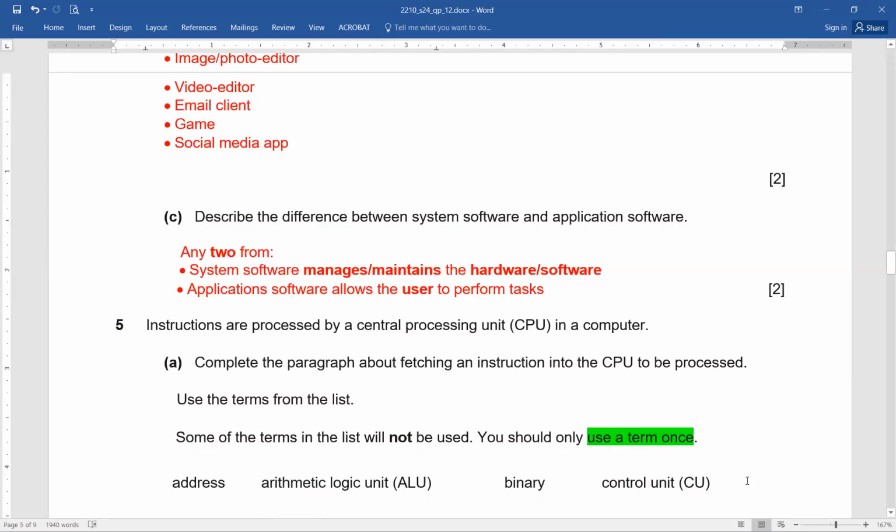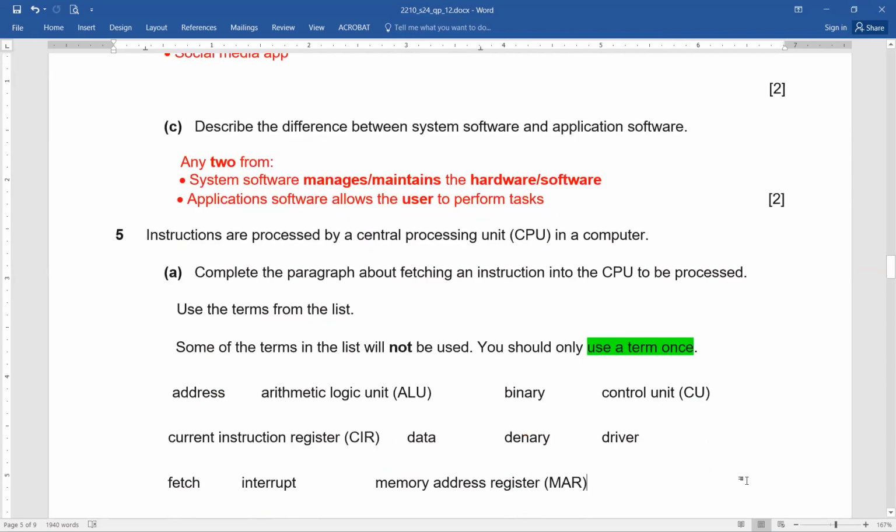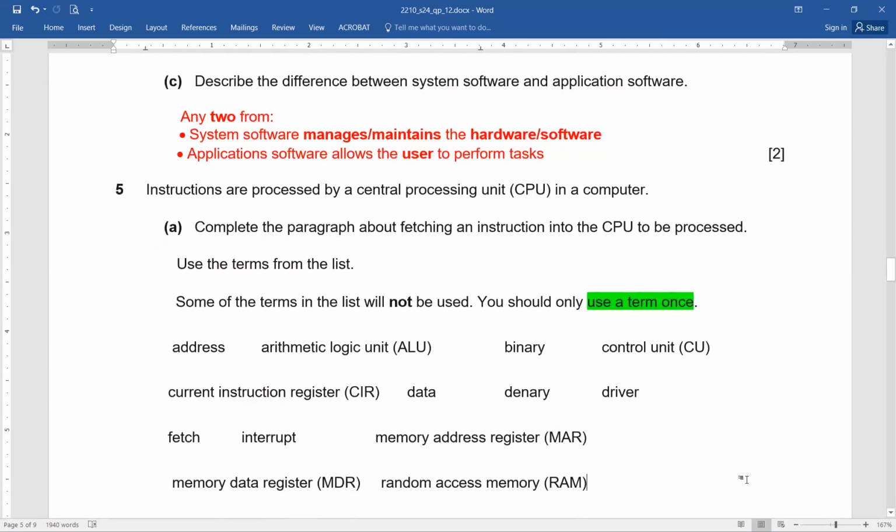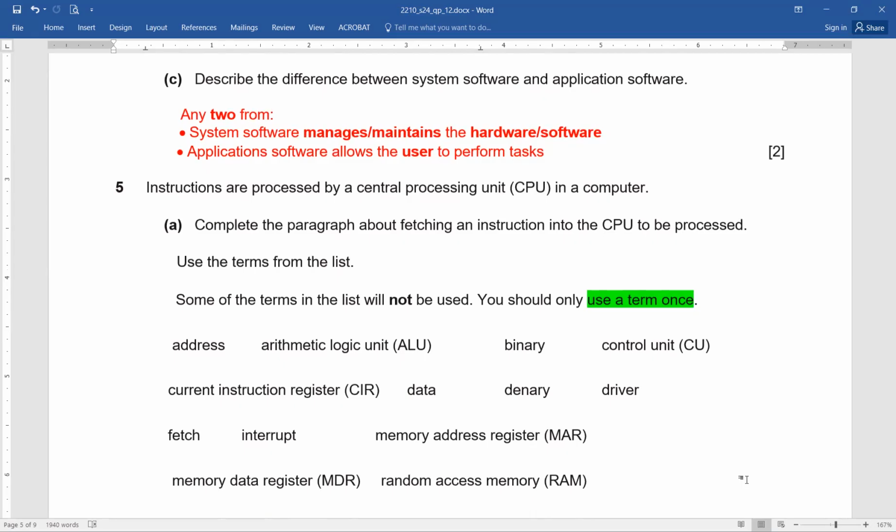The terms are address, arithmetic logic unit, binary, control unit, CIR, data, denary, driver, fetch, interrupt, MAR, MDR, and RAM. Let's start.